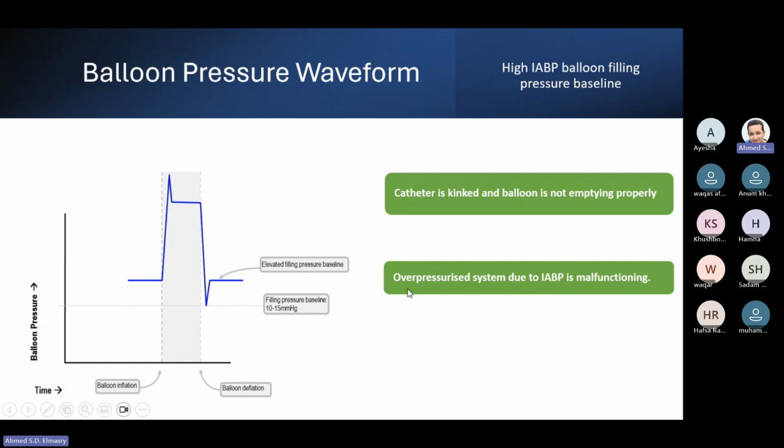So the pressure inside the intra-aortic balloon will be over-pressurized, or it could be related to a kink of the intra-aortic balloon, and the kink might lead to improper emptying of the balloon. So the pressure inside the system will be higher than the normal level, and the balloon filling pressure baseline will be elevated, as you see here.